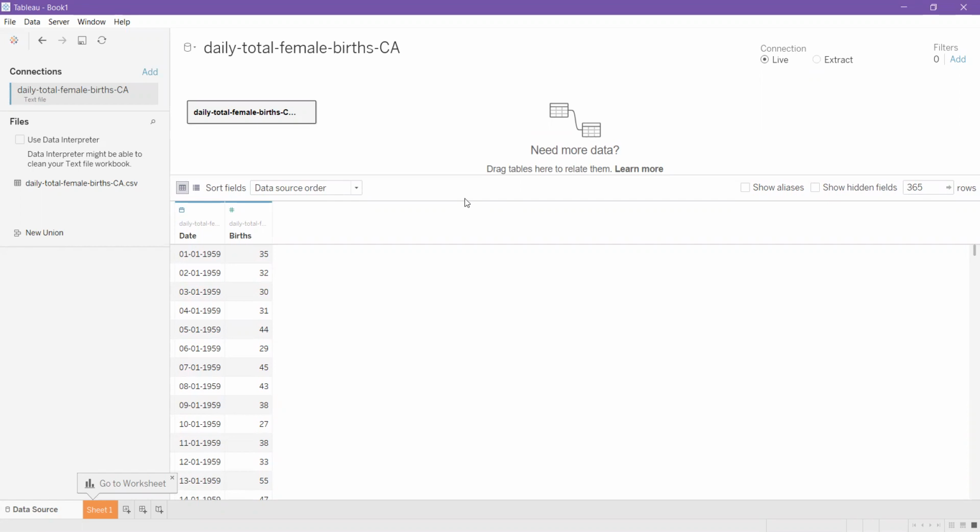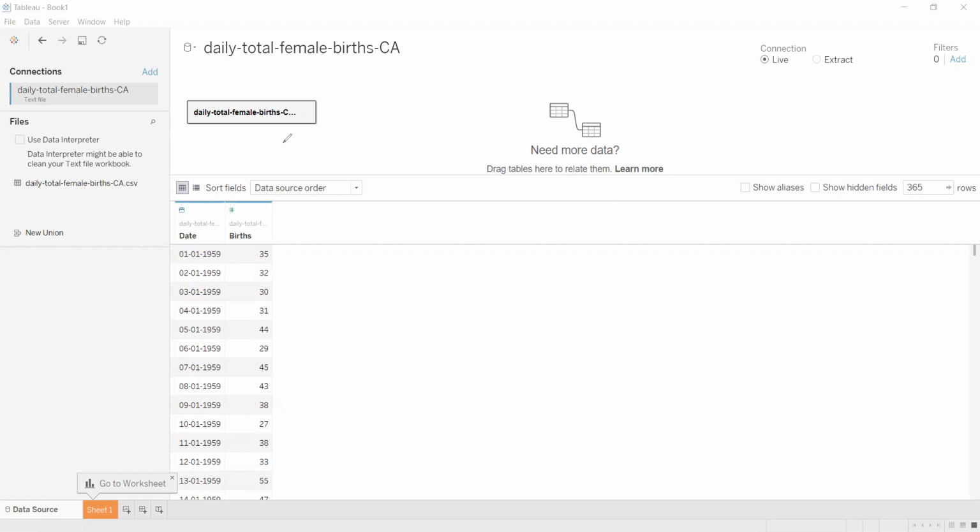As of now, what I'm simply trying to do is take a data set, which is this daily total female births. This is, let's say, for the state of California in the US, right? This is a data set which is freely available. You can find these kind of data sets. Please note this if you want.